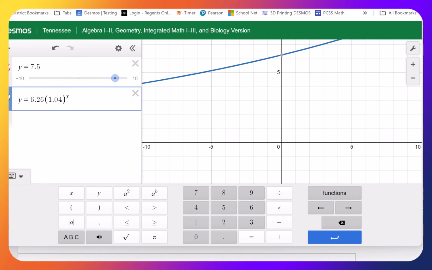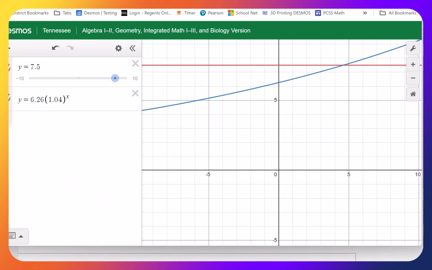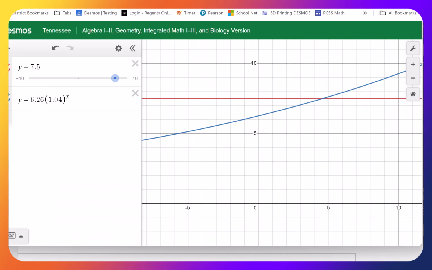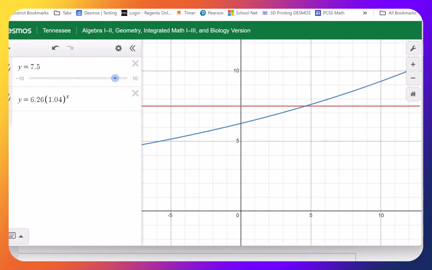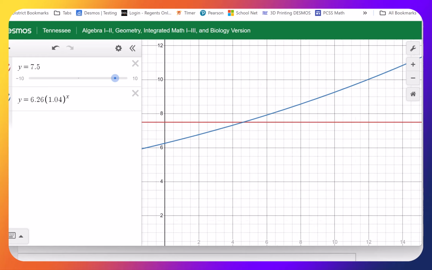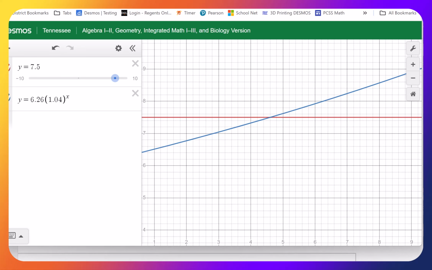Okay, so let's talk about Desmos for a second. So when I typed in y equals 7.5, I can't see it because it's not in the home screen. So I'm going to drag this down just a little bit. There it is. So the 7.5 is the red line, and my model is the blue line. I want you to notice that I put an X here because Desmos understands X. So I'm going to go over here, and this right here is what I'm looking for.